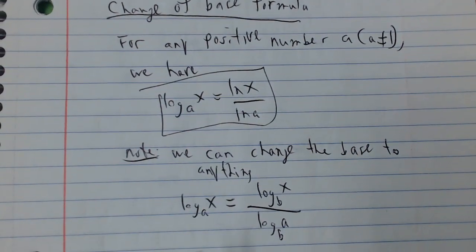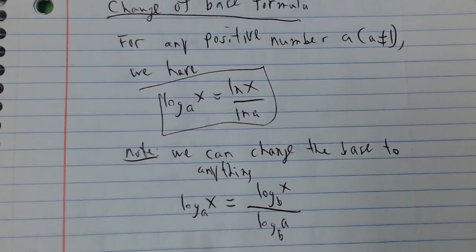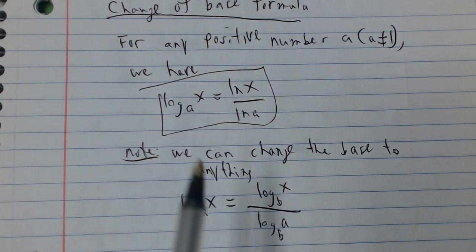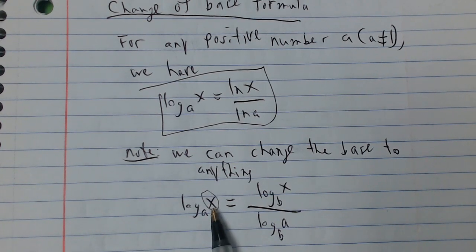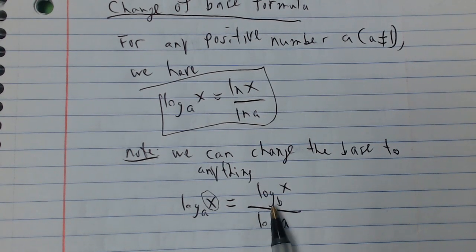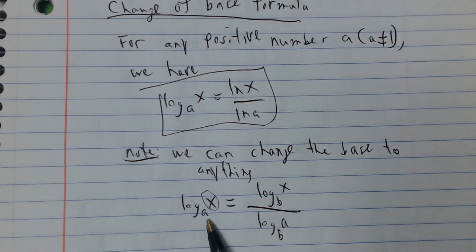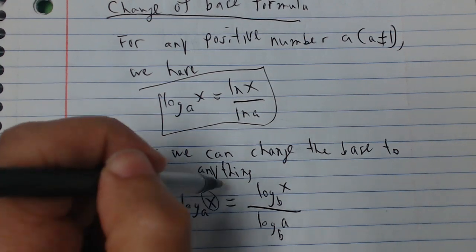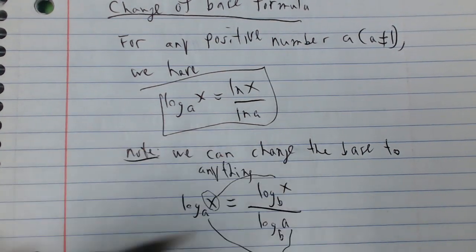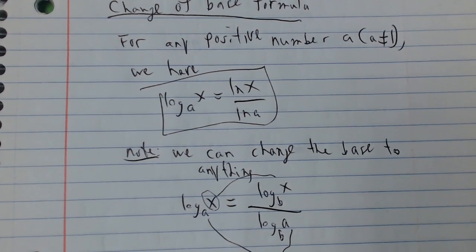So b is basically the base of my choice. Whatever's on top will end up in your numerator, and whatever's your original base will end up in the denominator. This x goes up there, this a goes down there, and then we change the base to whatever we like.